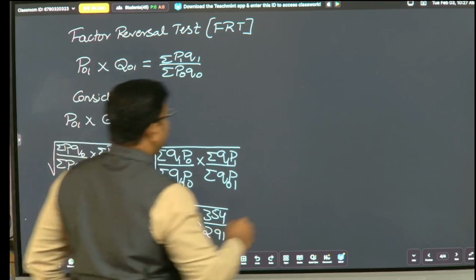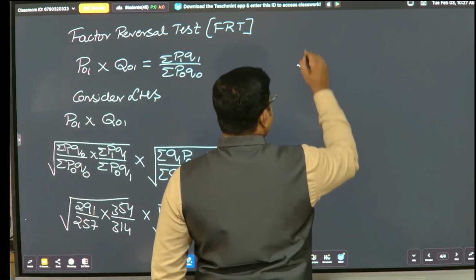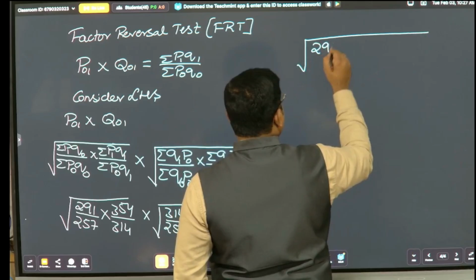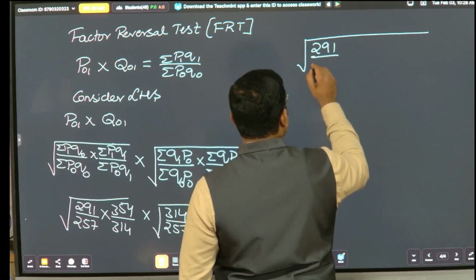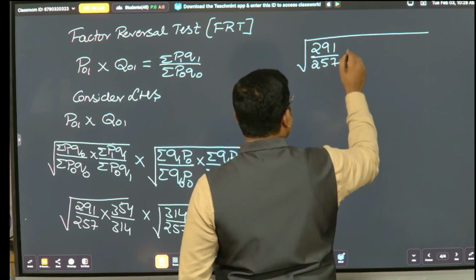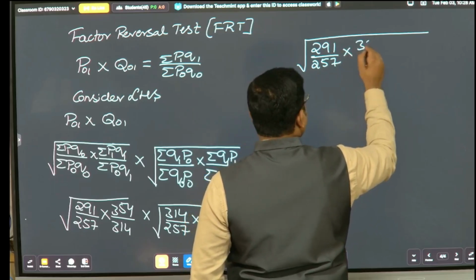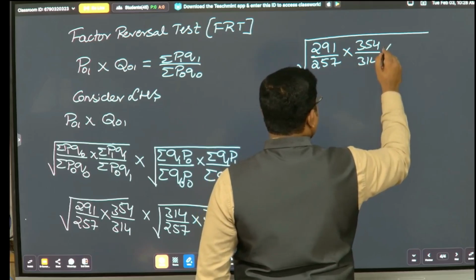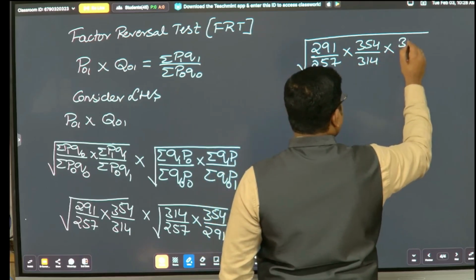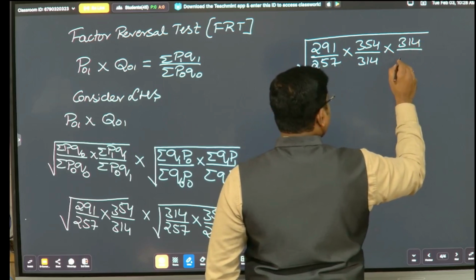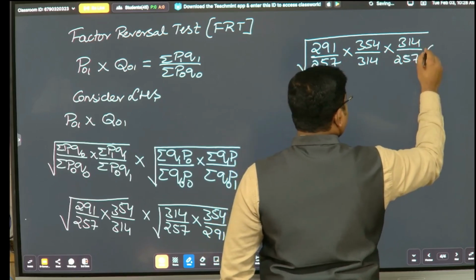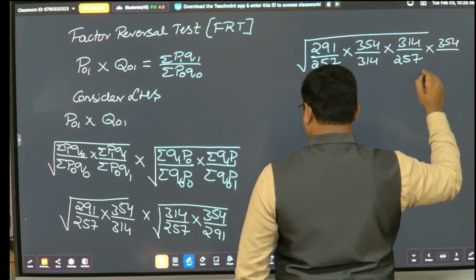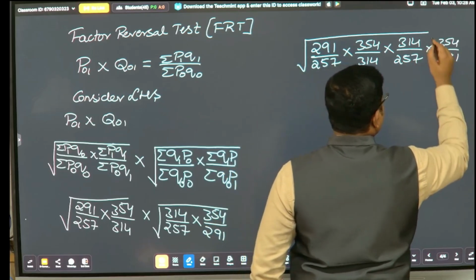So common square root, next step, don't cancel anything. 291 divided by 257 into 354 divided by 314 into 314 divided by 257 into 354 divided by 291.